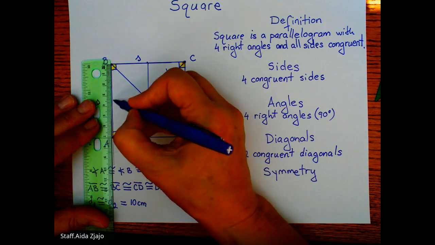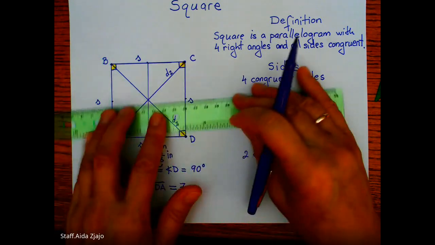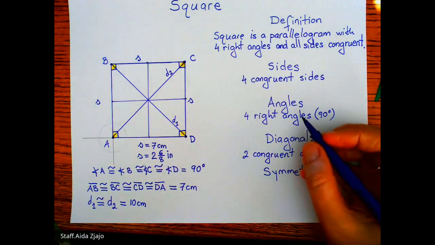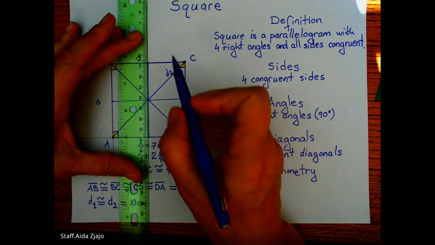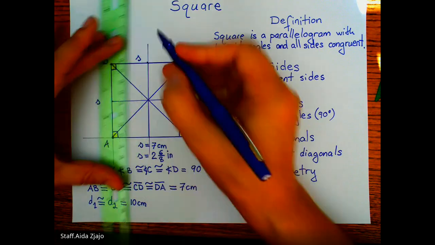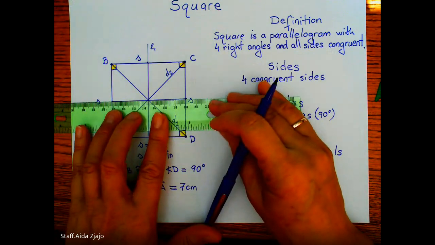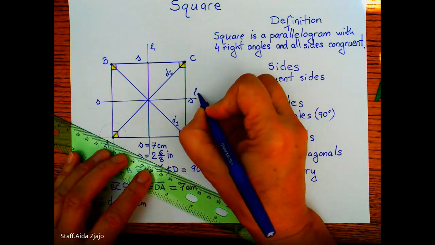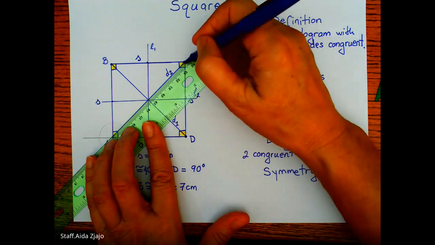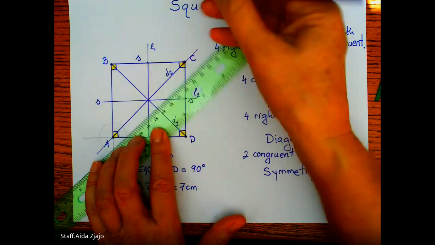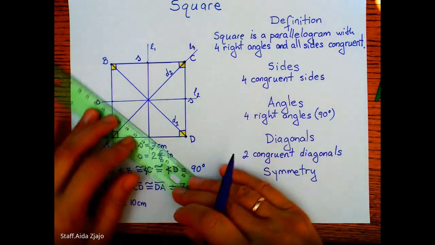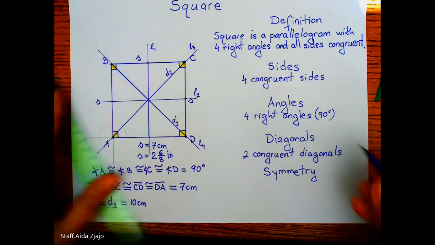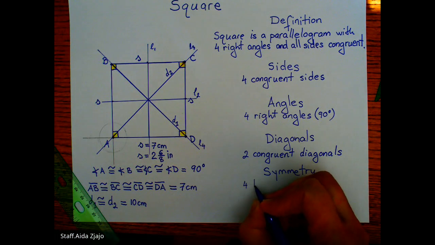If we connect these 2 points, we will see that this is another one, so we can extend the line. This would be L1, this would be L2, and then also diagonal L3 and L4. So we have 4 lines of symmetry.